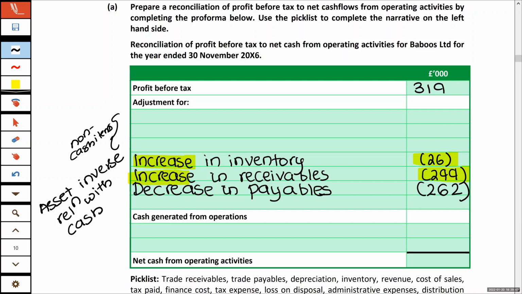Whereas liabilities, what do you notice? A decrease in payables leads to a decrease in cash. That means liabilities have a direct relationship with cash.